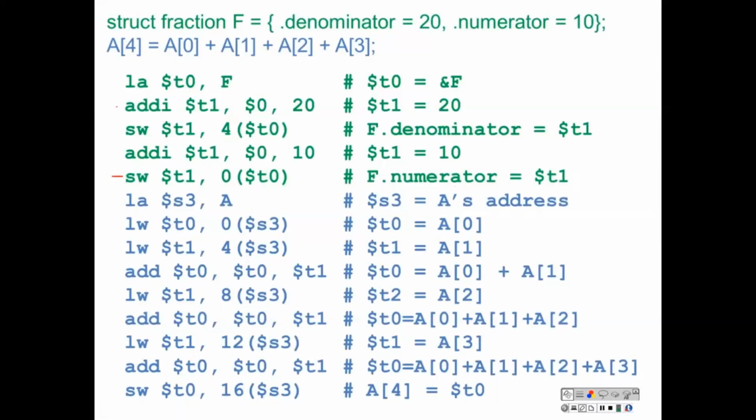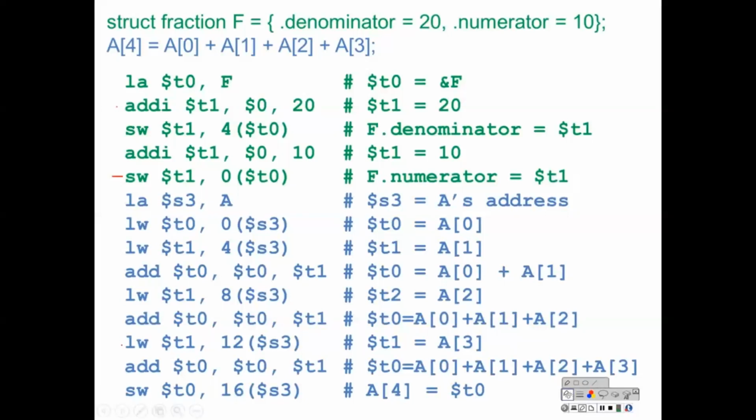The following instructions shown in blue are the same code from before, that summation of A0 through A3 storing into A4. The first step is to load the address of A into a register, and then load the values of A0 and A1. After that, add those values together, load in the value of A2 into a register, and add that into the T0 that we're keeping the sum of.